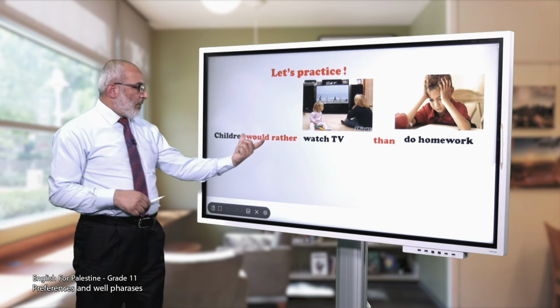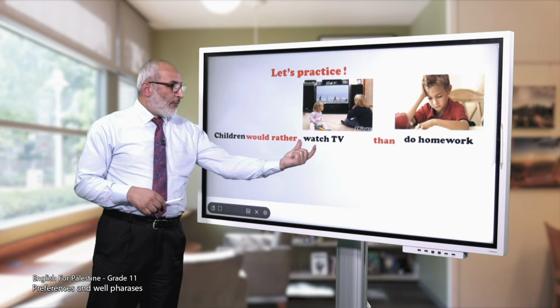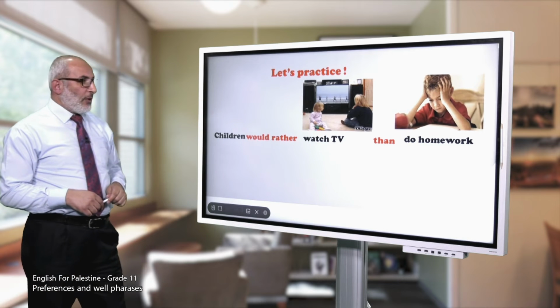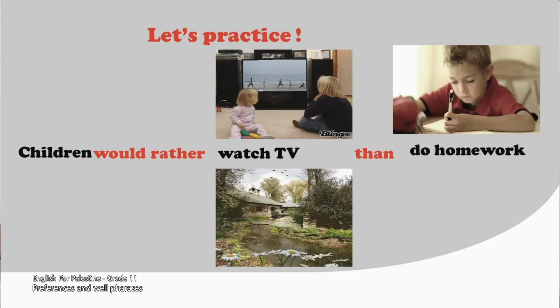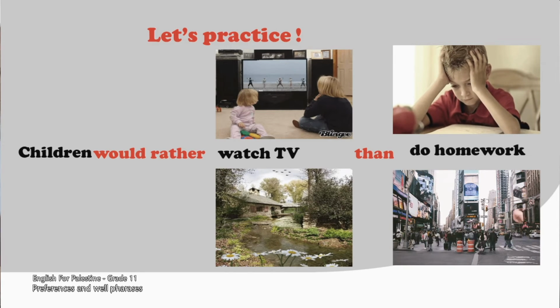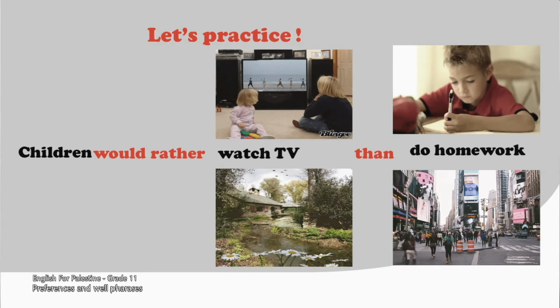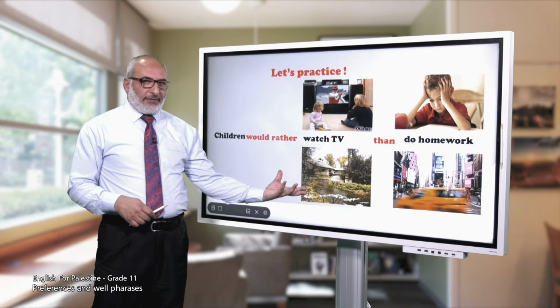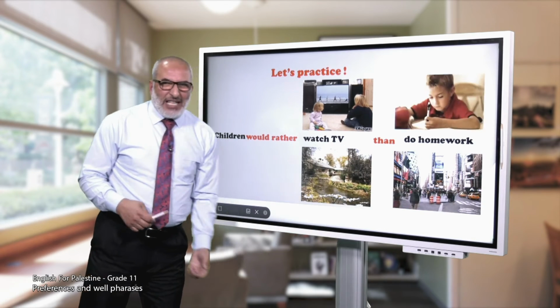Here we use would rather plus the infinitive form of the verb plus than plus the infinitive form of the verb. Okay? Other example. This is a village and this is a city. Look at the picture. The village is wonderful, but the city is busy.